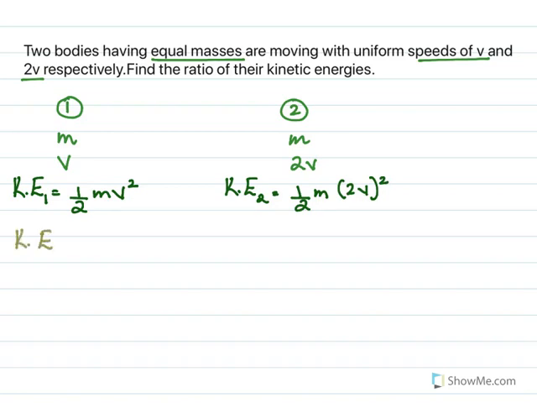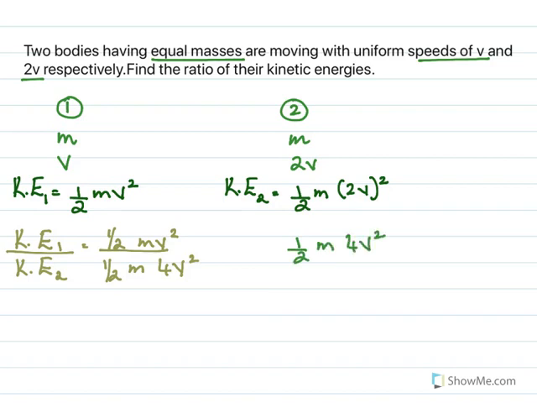So we'll do kinetic energy 1 over kinetic energy 2, which is half m v square over half m, now 4v square, because it is 2 square. If you notice here, it is half m 4v square. We cancel. So that is 1 over 4. So the ratio of kinetic energy 1 over kinetic energy 2 is 1 is to 4.